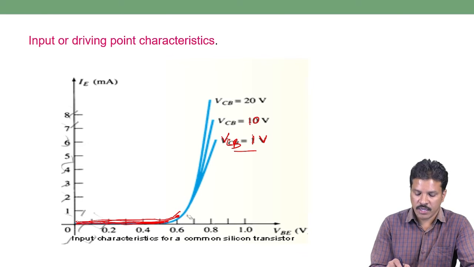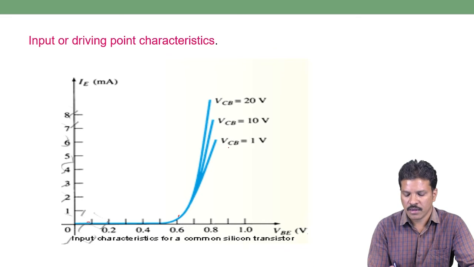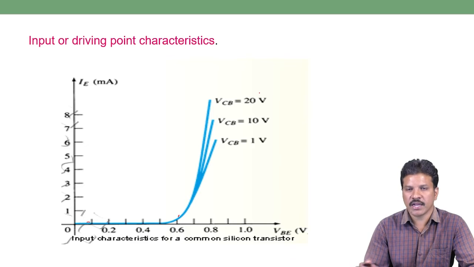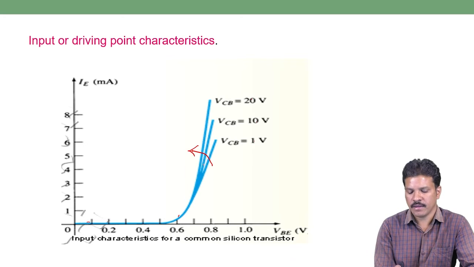What should be the observation here? By seeing this graph, the input characteristics, we have to observe that by increasing the collector-to-base voltage from 1 to 10 to 20, the curve moves to the left side, from this curve to this curve.